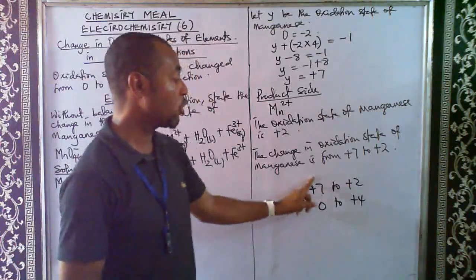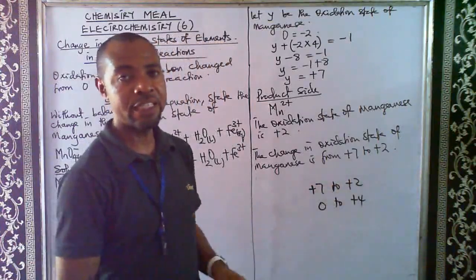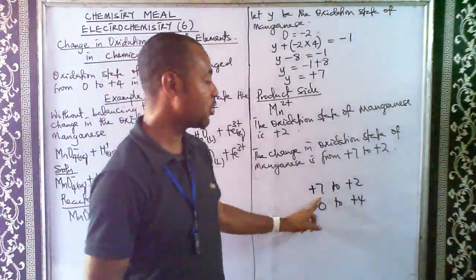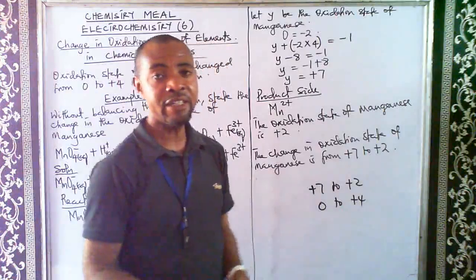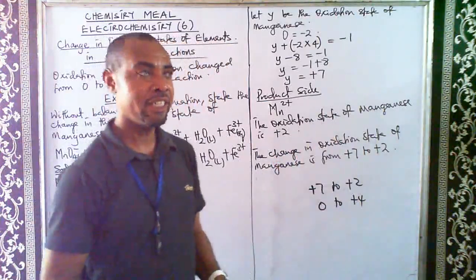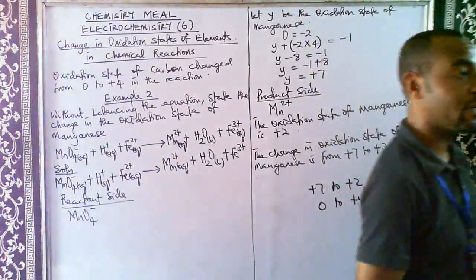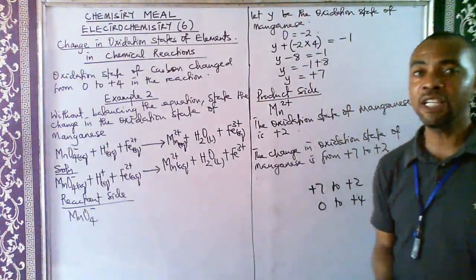Now the substance whose oxidation state will decrease in the reaction is the oxidizing agent, while the substance whose oxidation state will increase in the course of the reaction will be the reducing agent. Yeah, that's how we can identify reducing agent and oxidizing agent in a given chemical reaction.